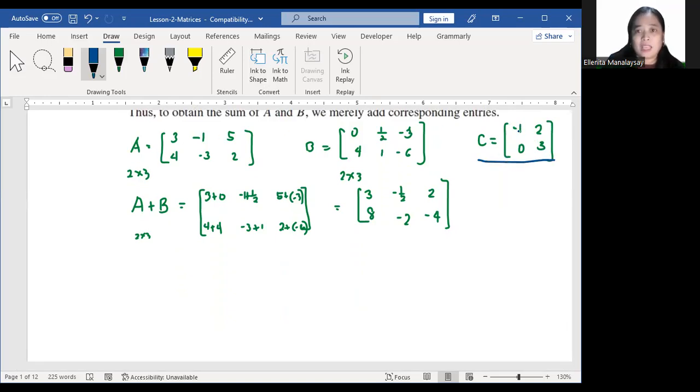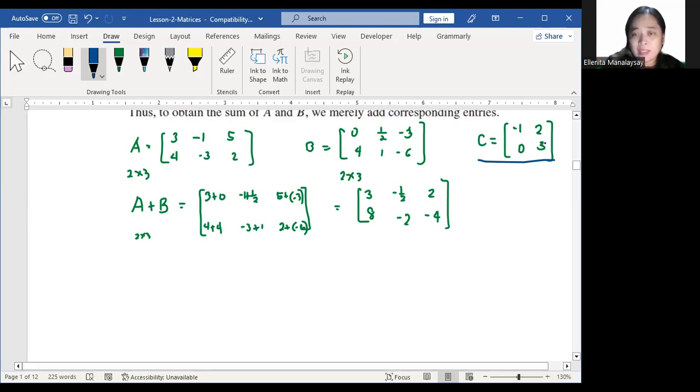Bakit? Ano ang mangyayari? So basically, yung first row, first column, first row, second column, second row, first column, second row, second column, okay, may partner dito.